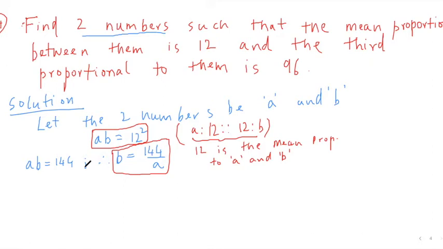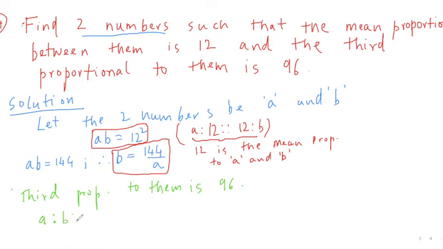And the third proportional to them is 96. Which means, I'll write that in a different color, the third proportional to them is 96, which means third proportional is in a continued proportion.